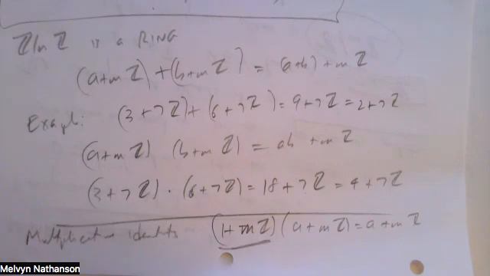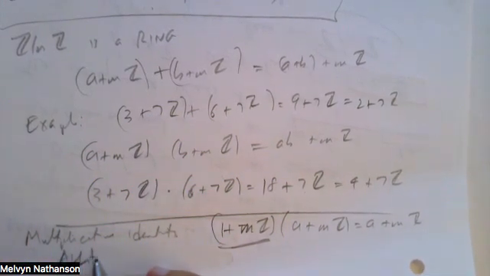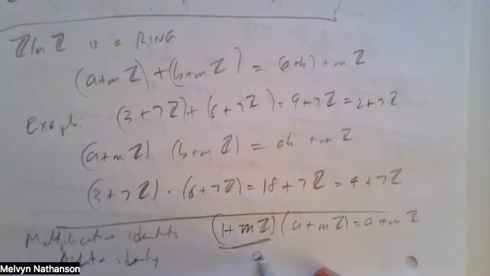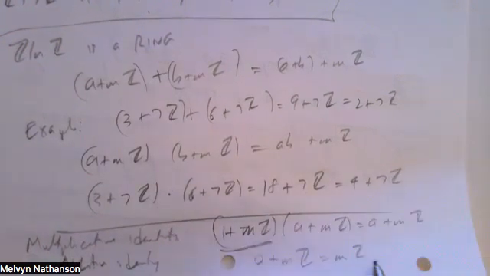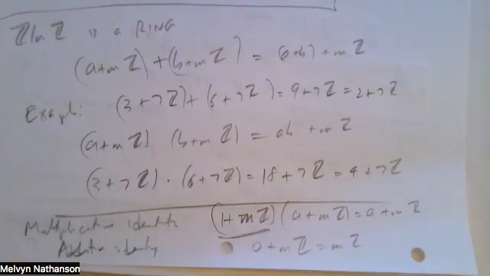This is the multiplicative identity. The additive identity is just the congruence class of 0, which we just write as mZ, the multiples of m. Okay. Any questions about this? Okay.